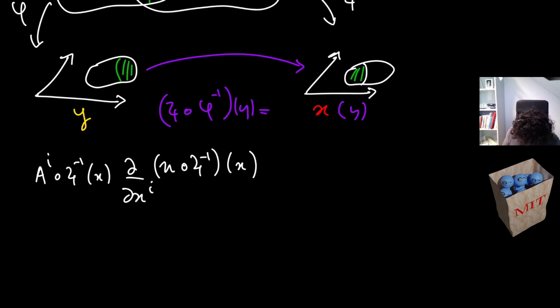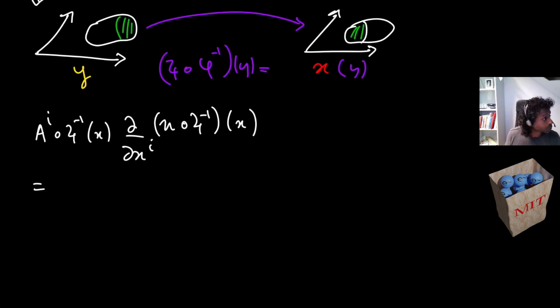So we can write this as equal to A composed with psi inverse composed with psi composed with phi inverse. Sorry, what am I doing here?